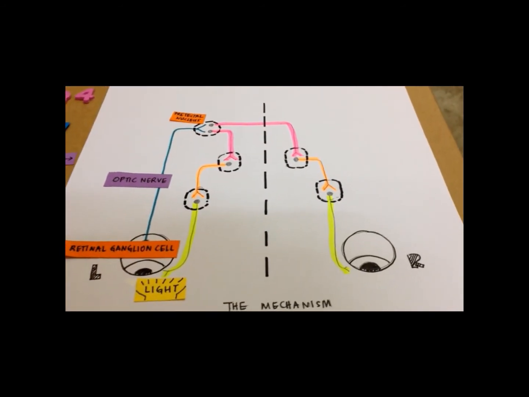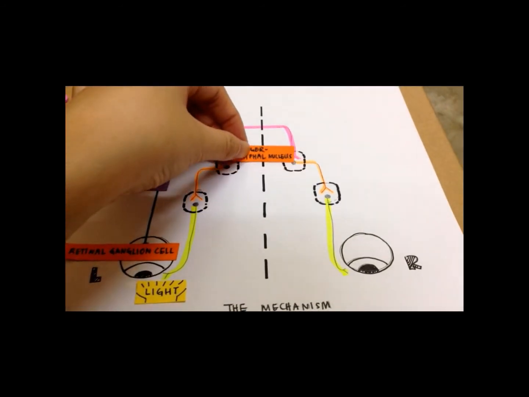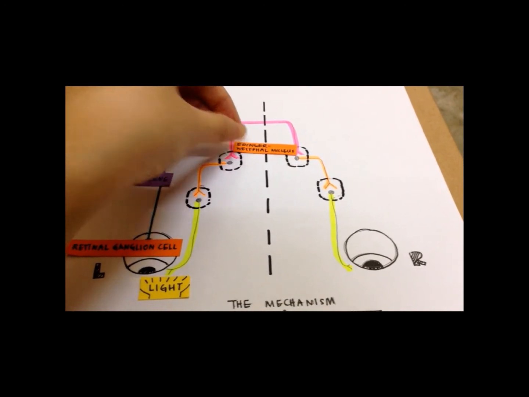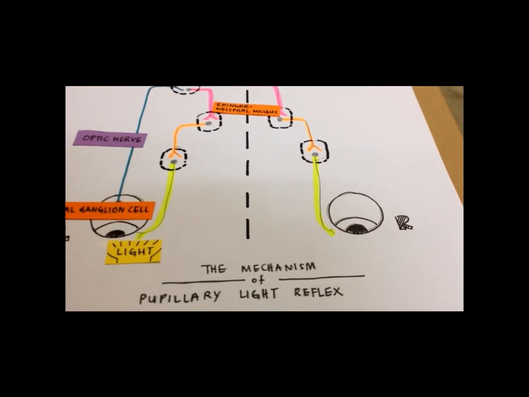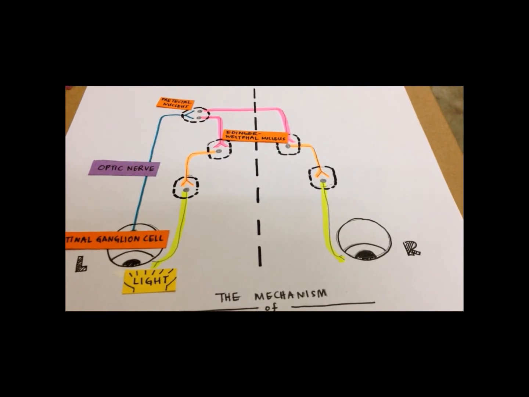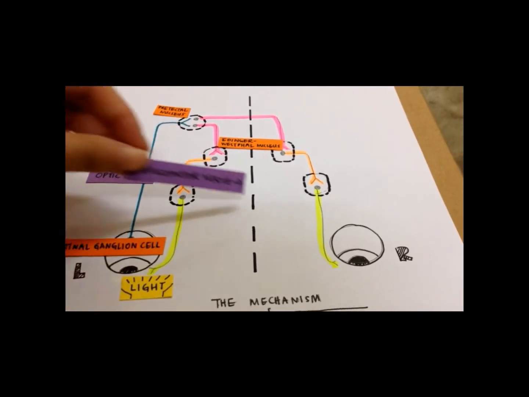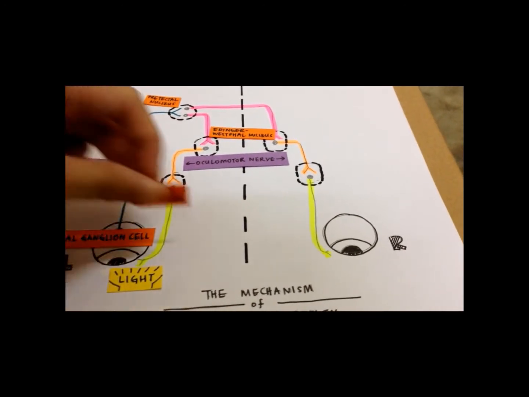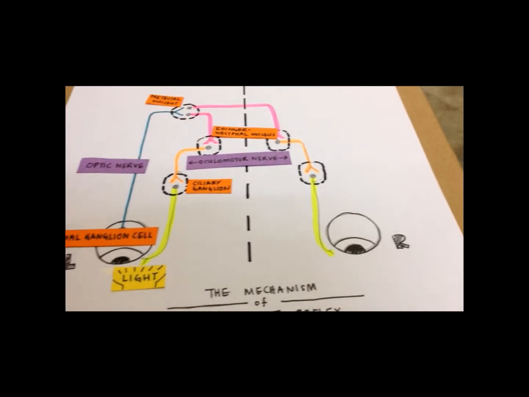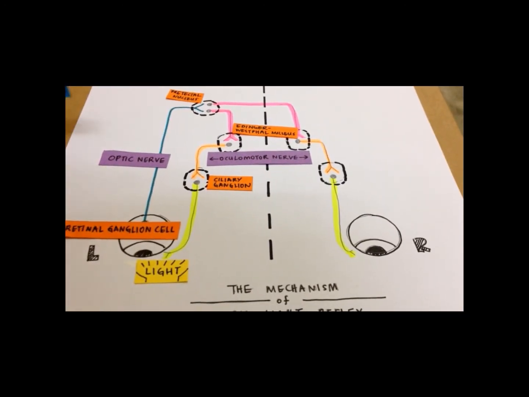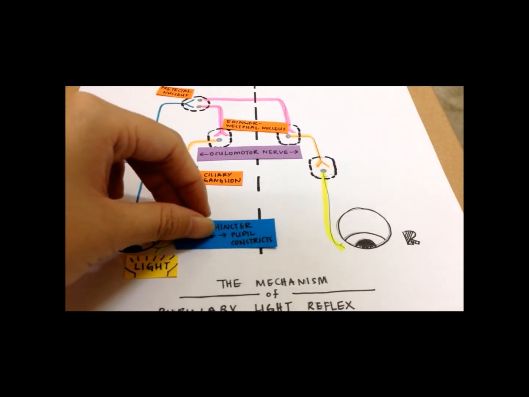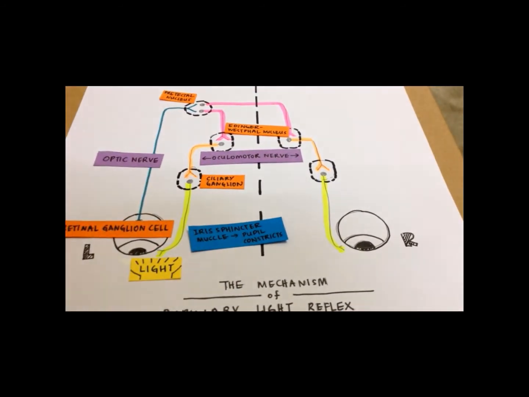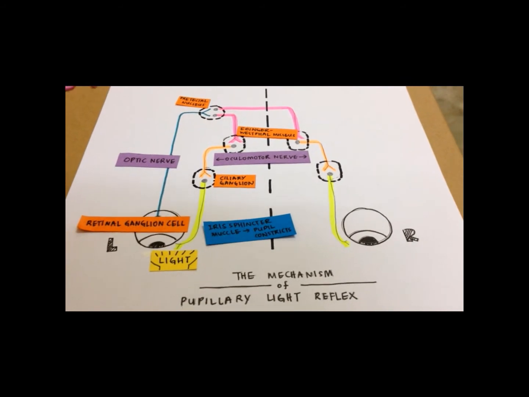The signal then travels down to the Edinger-Westphal nucleus here. From the Edinger-Westphal nucleus, the information is carried down via the oculomotor nerve to the ciliary ganglion. Nerves from the ciliary ganglion innervate the iris sphincter muscle, which will cause the pupil to constrict.